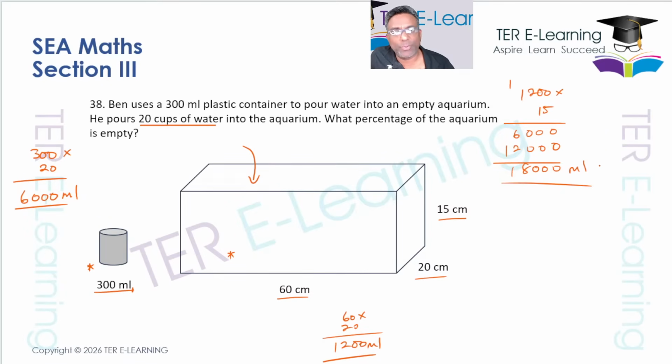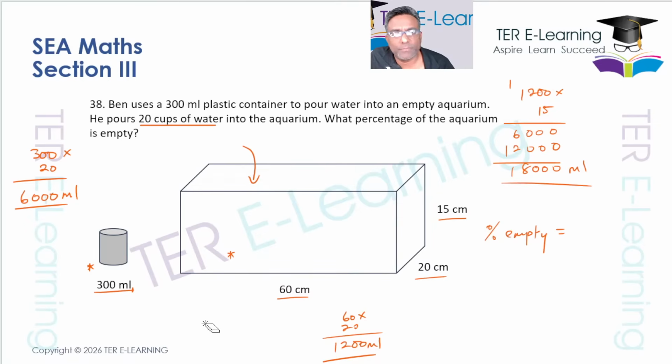Now we know the capacity of the aquarium is 18,000, and we know how much water we added. Oh, sorry, wait, what am I doing?